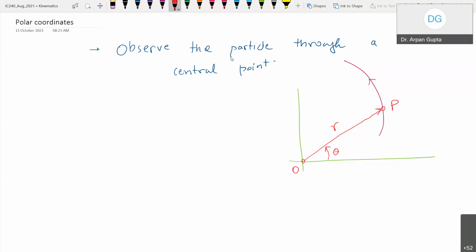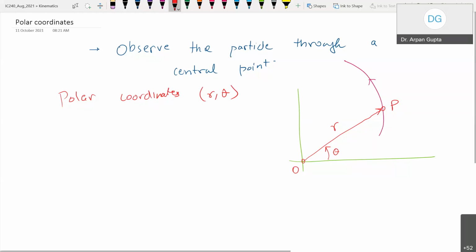So now we have two polar coordinates, which we call r comma theta. So now this point P, instead of specifying x comma y, we are specifying with the polar coordinates r comma theta. Okay.